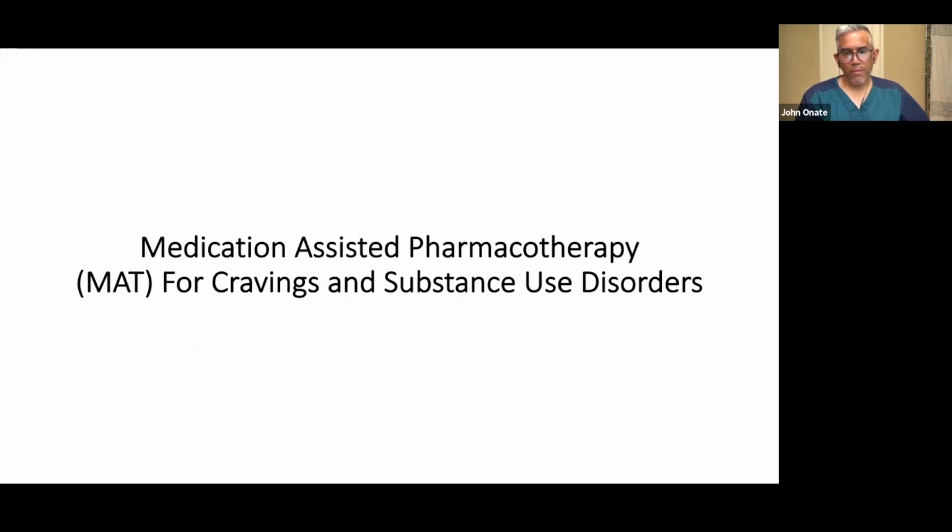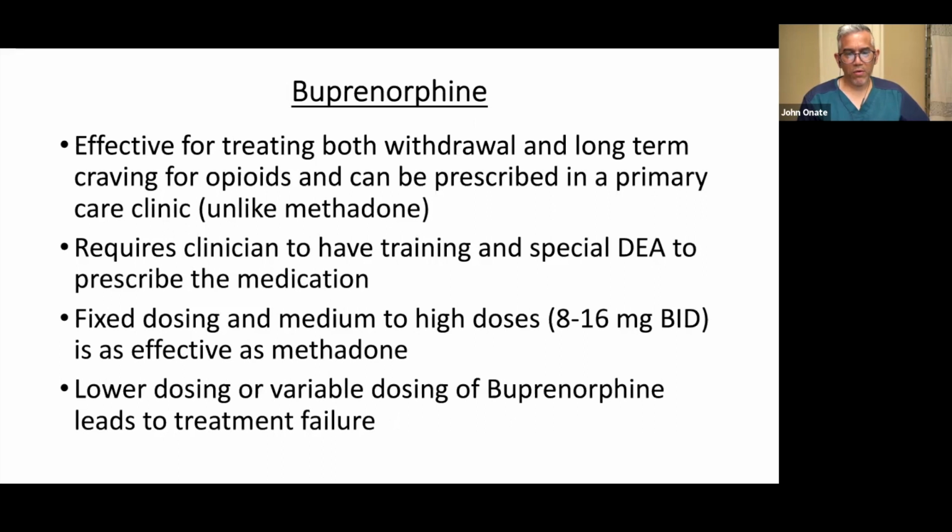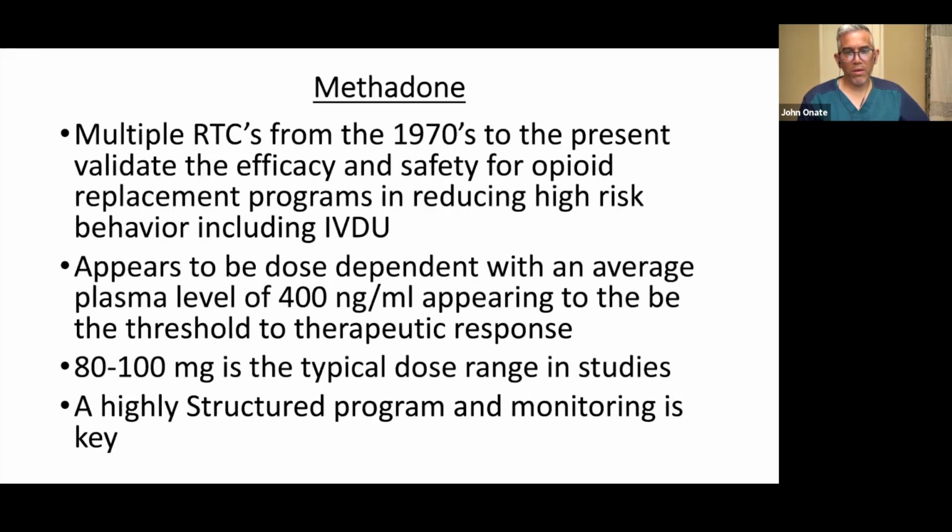Now for MAT pharmacotherapy for cravings and other substance use disorders. Buprenorphine can be used for cravings, like we said before. Methadone is used particularly for opiate cravings to reduce rates of opiate reuse or relapse. In many ways, methadone is the gold standard.